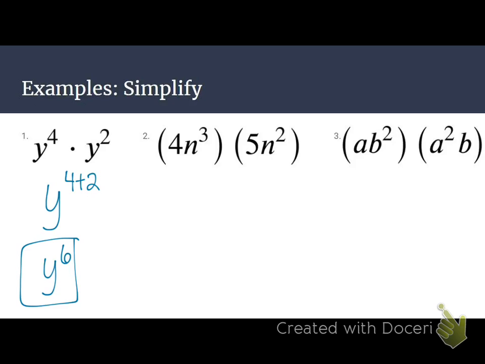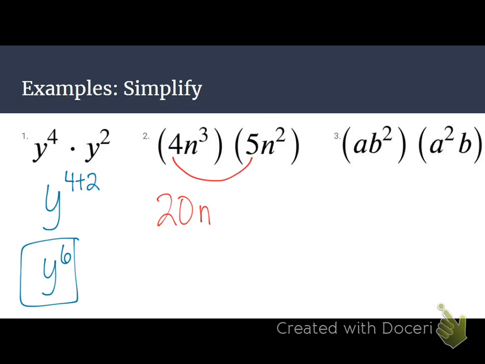Number 2 works just a little bit differently because we have coefficients out in front. So what do you think I'm doing with the 4 and the 5? We're multiplying them. Remember, parentheses tell us to multiply as well. So 4 times 5 is 20. We still have n cubed times n squared.